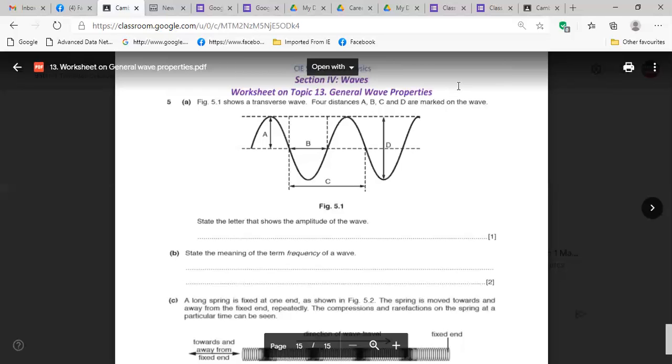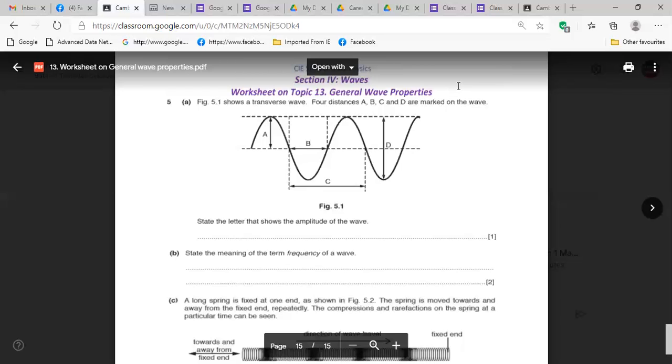Now question 5, read. Number 5A. Figure 5.1 shows a transverse wave. Four distances A, B, C, and D are marked on the wave. State the letter that shows the amplitude of the wave. A, correct. Very good. Which one is the wavelength?